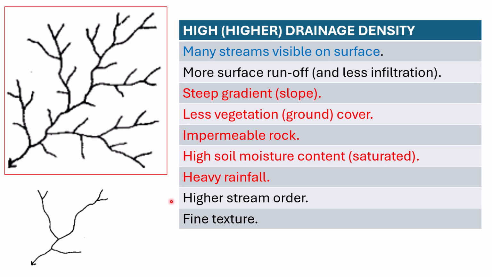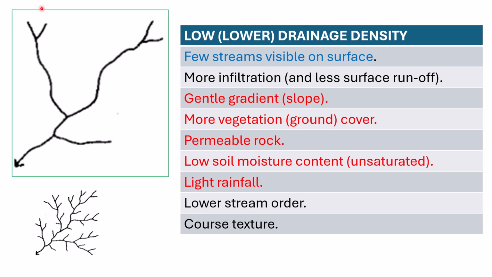Rivers with a high drainage density often have a higher stream order, and just for interest's sake, rivers with a high drainage density are also said to have a fine texture.